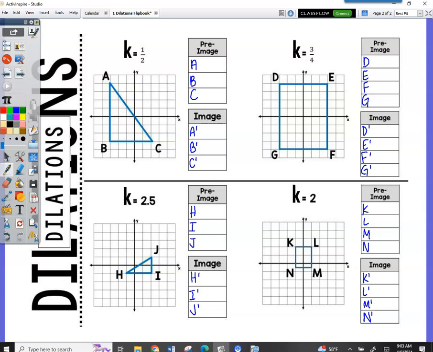I would like everyone to start with this one, because you are going to get a decimal. You're going to get a decimal on the new image, and I want you to feel comfortable graphing decimals. They are pretty decimals. It's 0.5.